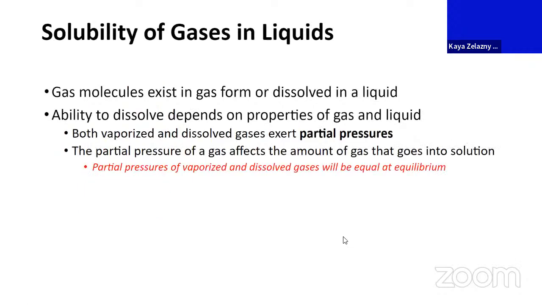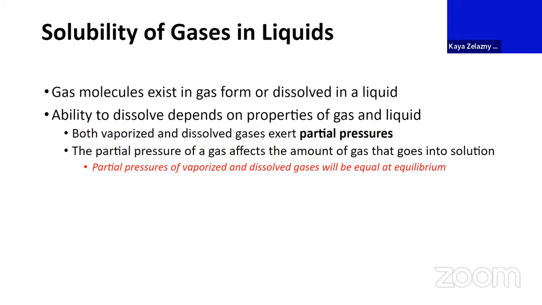Now, as we start to think about what this means for our bodies, for our blood, we need to think about the fact that gas can exist in gas form, but it can also be dissolved in a liquid. And the ability for that gas to get into liquid depends on what specific gas it is and also the properties of that liquid itself.